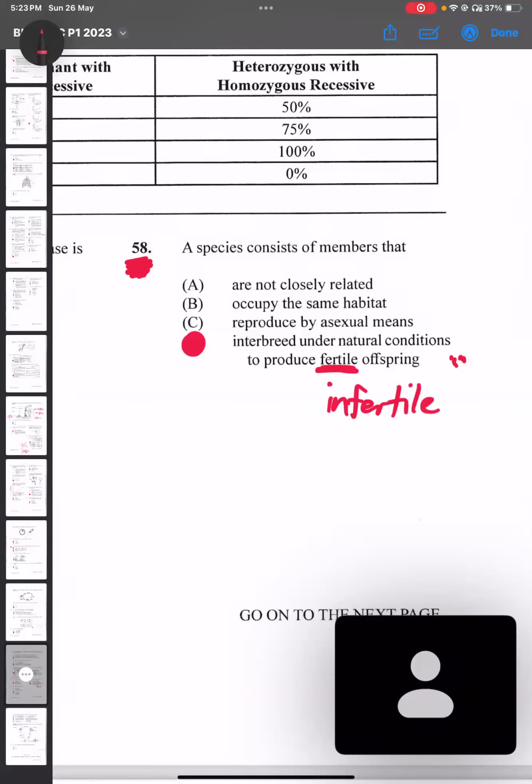Then they trick you, because they think when you see this, you say, no man, you know this, and you don't realize that they have changed fertile to infertile, and you choose B as your answer. So please keep your eyes open for this question because they ask it almost every year, but sometimes what they do is they change the options that are there. And when we do the other two papers, you will see what I'm talking about.